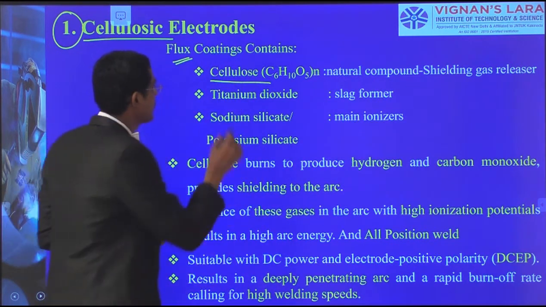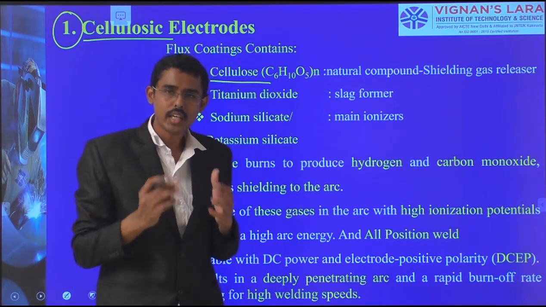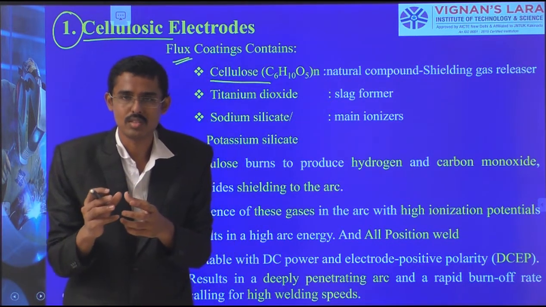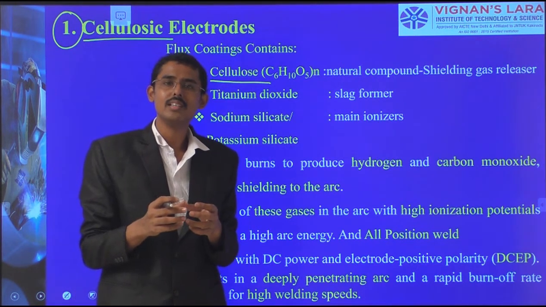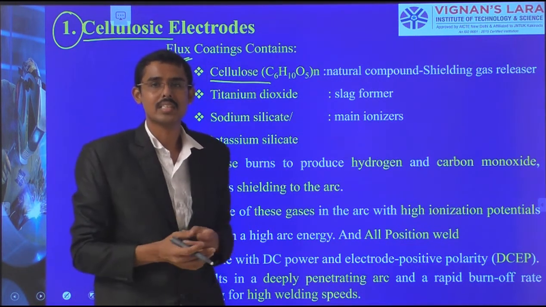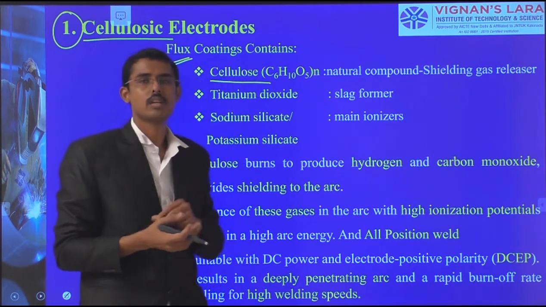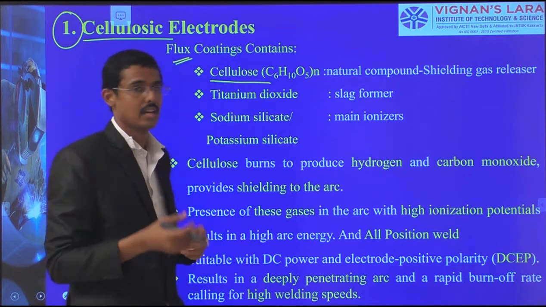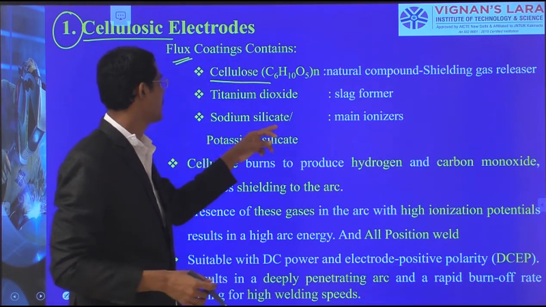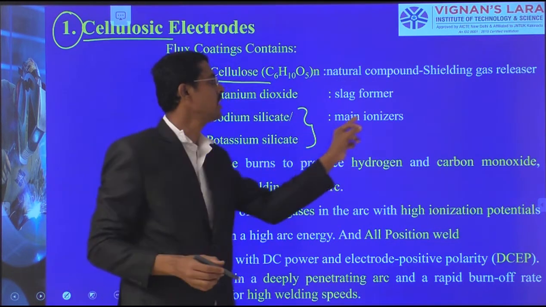Then we are adding titanium dioxide, a slag former, to keep a slow, warmer cooling process, to avoid rapid cooling and crack propagation. So we add titanium dioxide to the flux of the cellulose electrode. Sodium silicate and potassium silicate are added as the main ionizers.